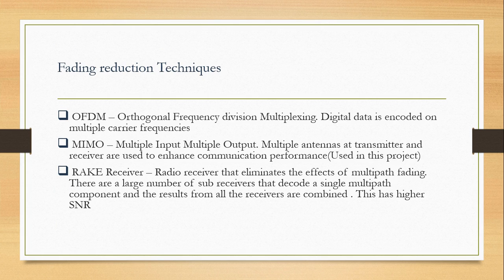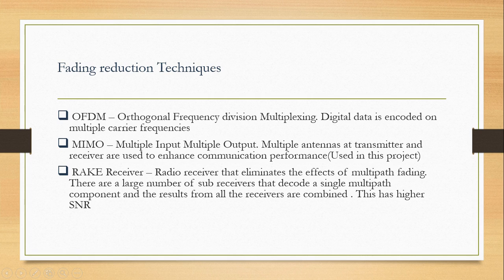There are different techniques to reduce fading. First one is orthogonal frequency division multiplexing, also known as OFDM. In this process, the digital data is encoded on multiple carrier frequencies. The next is MIMO, which is multiple input, multiple output. Multiple antennas at the transmitter and receiver are used to enhance communication performance. The last one is the rake receiver.